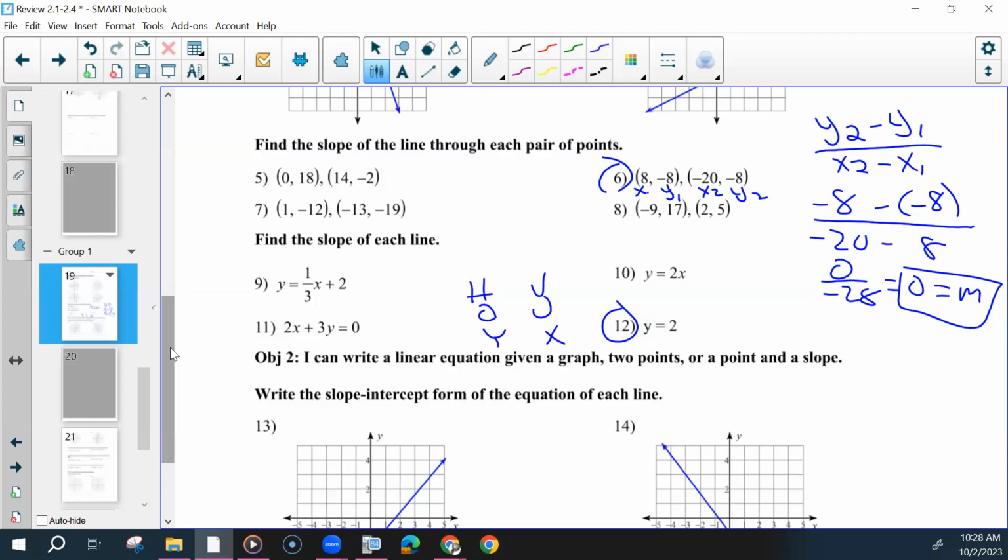Horizontal lines have 0 slope in our y equals, vertical lines have undefined slope in our x equals. So if this is a y equals, what is the slope? 0. For those type of questions, if you put anything other than 0 or undefined, it is incorrect. For slope only.